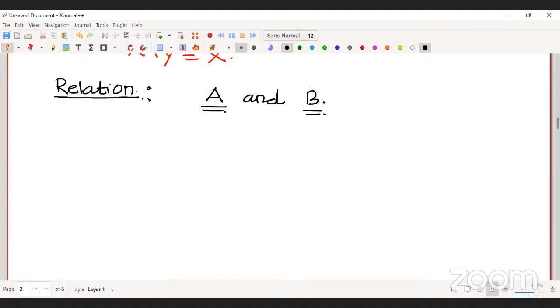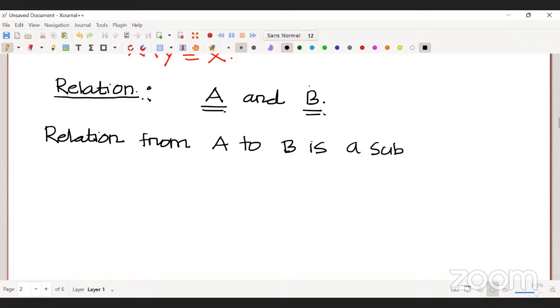Okay, so relation. And you know how to define this Cartesian product, right?